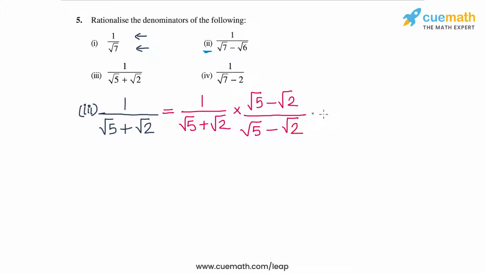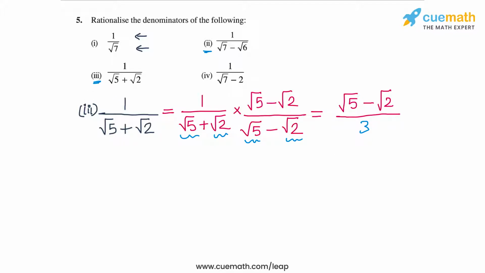So what will we get in the product? So in the numerator we will get root 5 minus root 2. In the denominator we will get, just like in the previous part, root 5 plus root 2 times root 5 minus root 2. So that's root 5 square minus root 2 square, or 5 minus 2, or 3. So we will get 3 in the denominator. So this is what we get after rationalizing the denominator of the third expression.